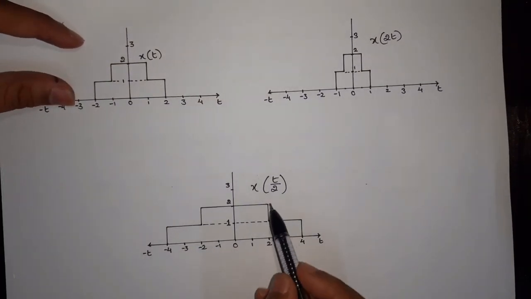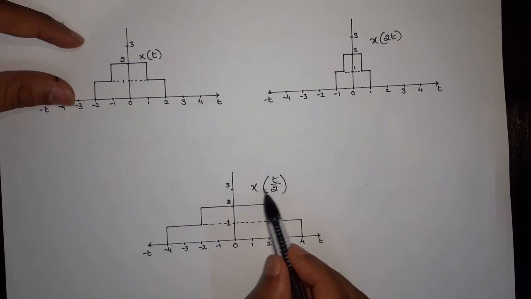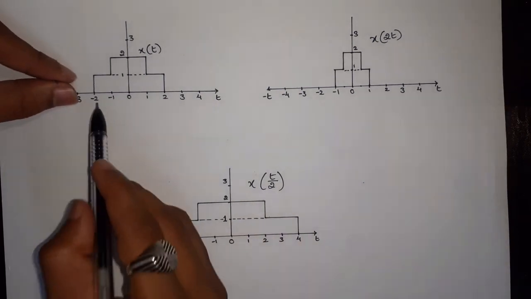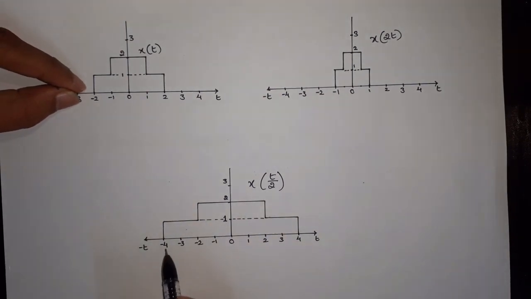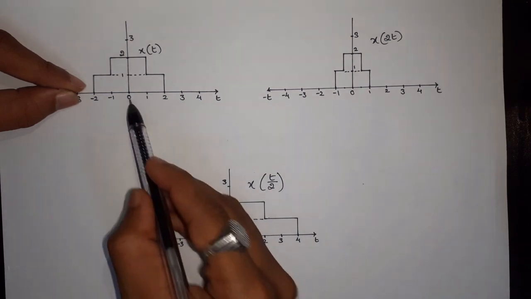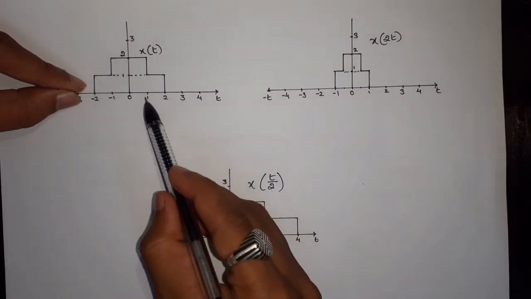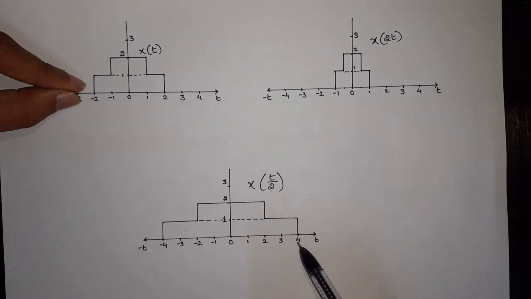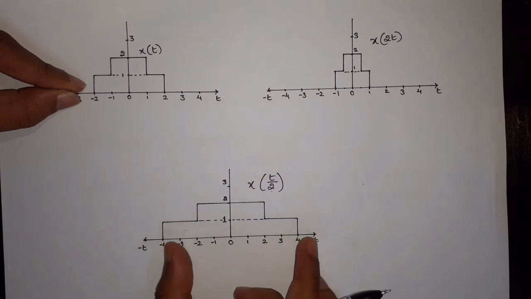With a equal to 2, -2 into 2 is -4, -1 into 2 is -2, 0 into 2 is 0, 1 into 2 is 2, 2 into 2 is 4. The signal amplitude remains the same; the only thing is the time has been enlarged or expanded.